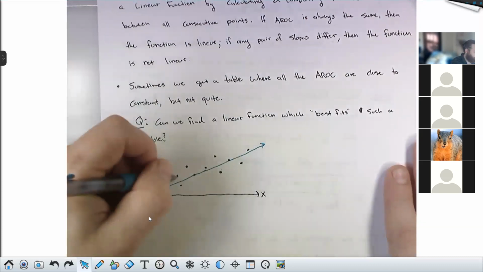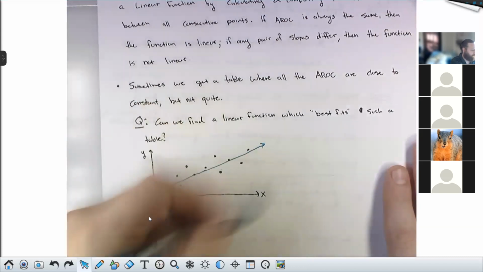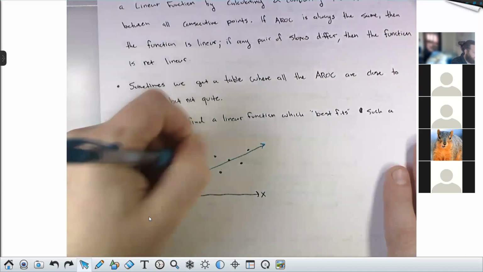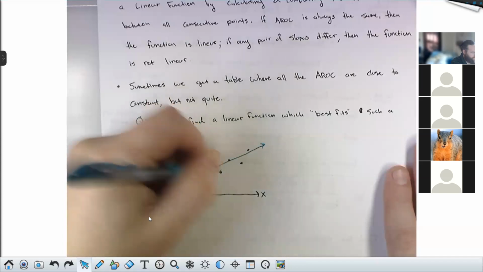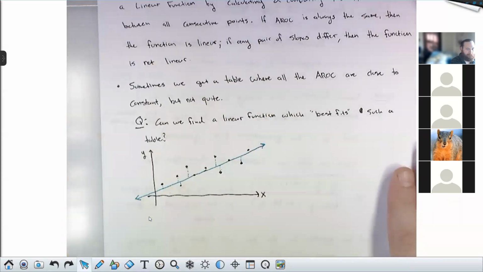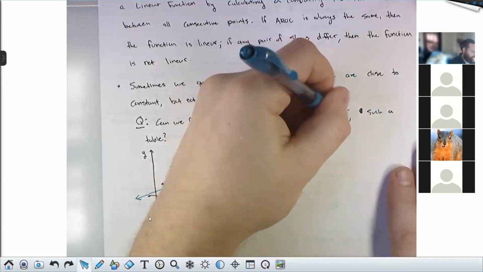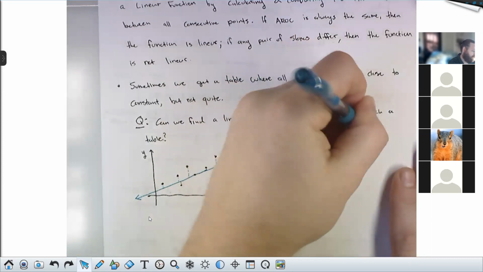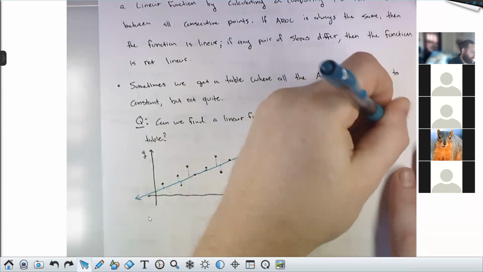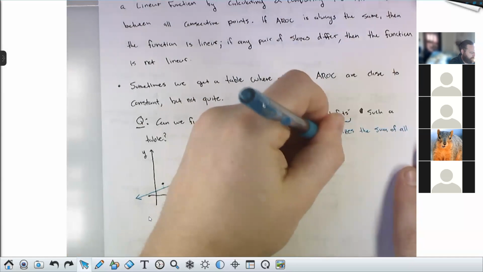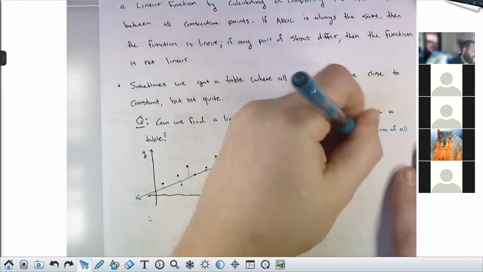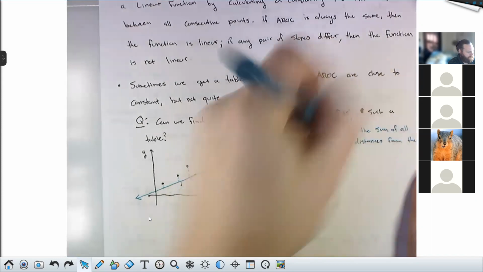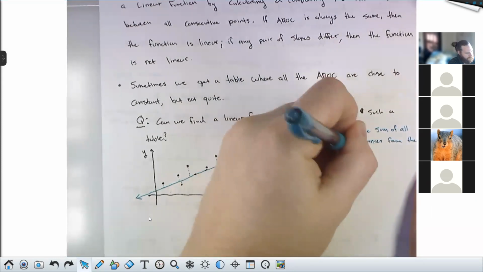And what I mean by best fit is that if you take all the vertical distances from these points to this line and you add them up, the line that best fits this data minimizes the sum of all vertical distances from the points to the line.